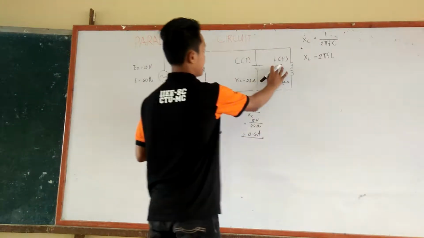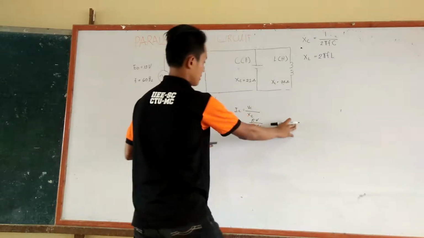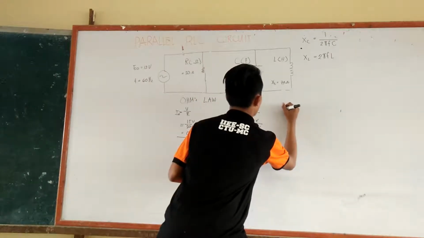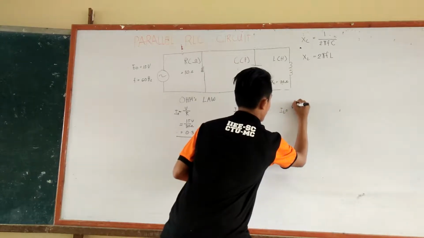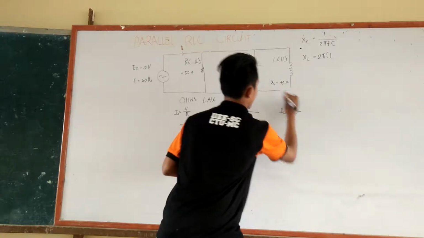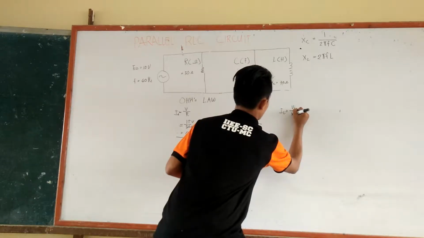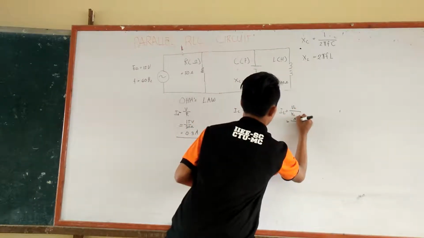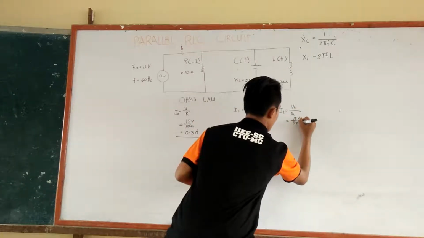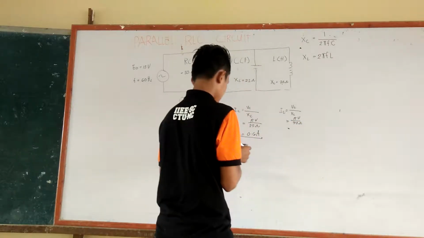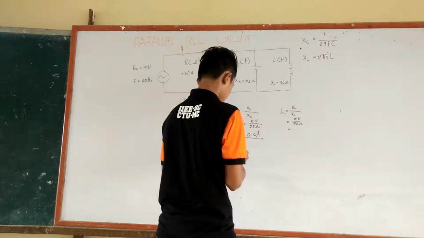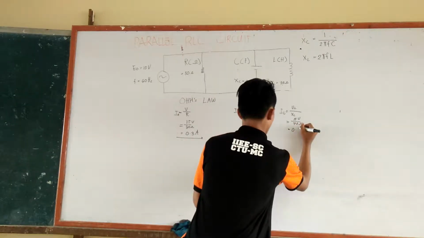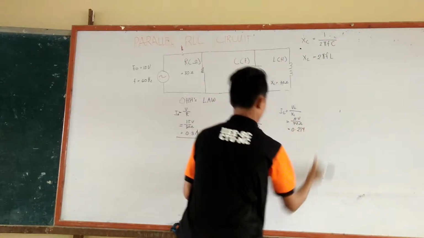Now, here in the inductive area, I sub L is equal to V sub L over the inductive reactance, which is 15 over 70, which is 0.214.